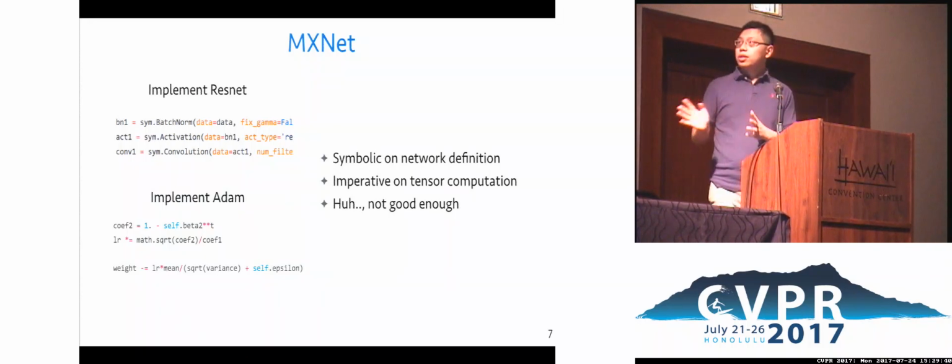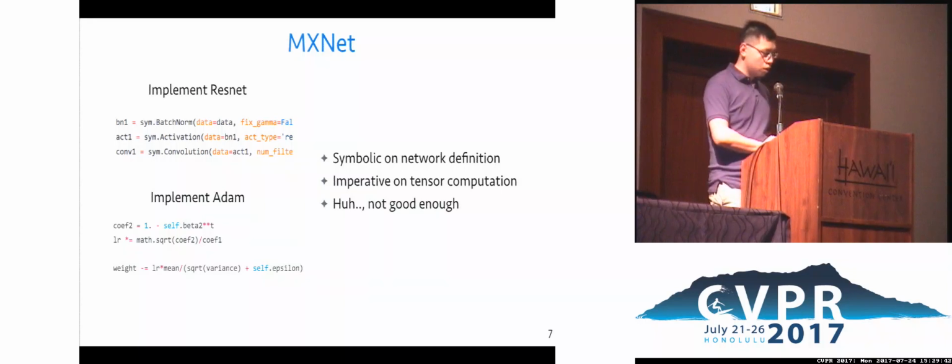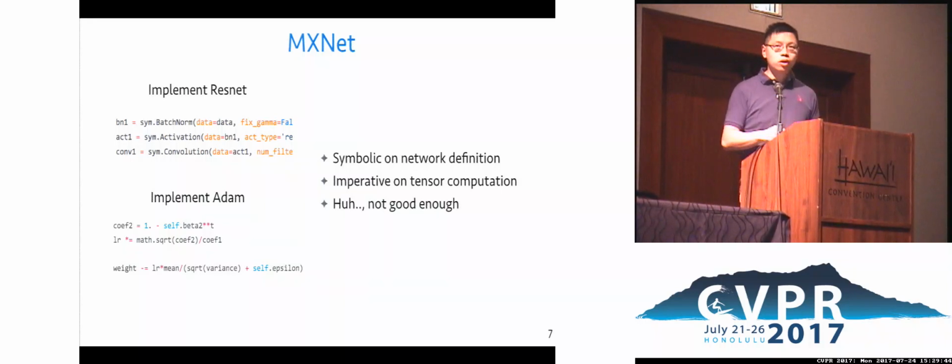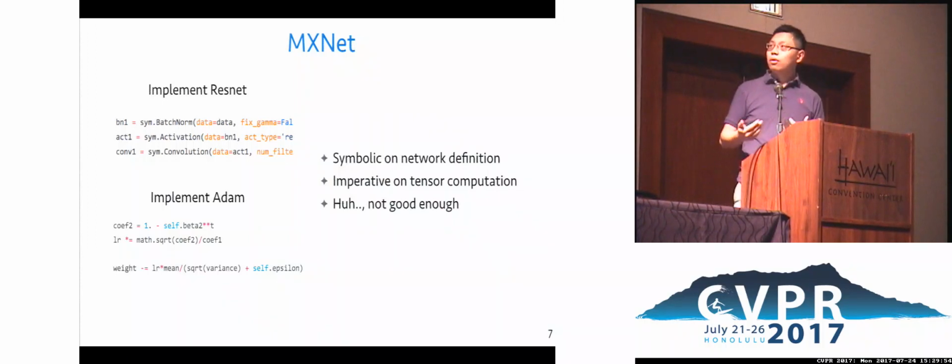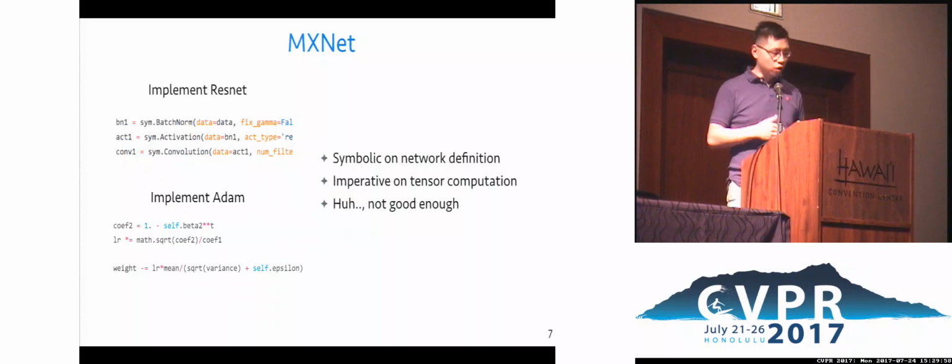That was about 3 years ago. 3 years ago, all these network definitions were kind of simple, more like sequential ones, so there was no problem there. But nowadays, we realize that the research community is so active, and there are more and more very dynamic networks.